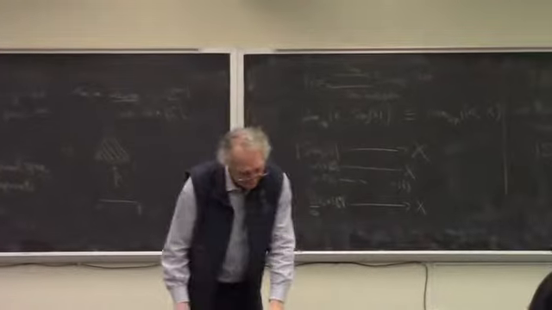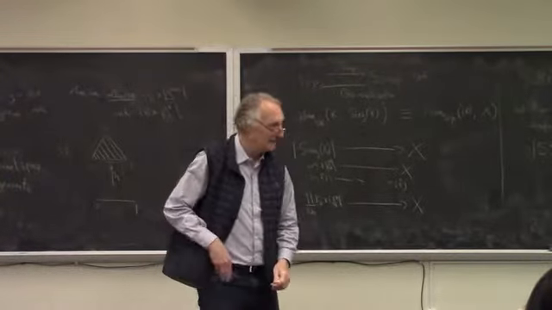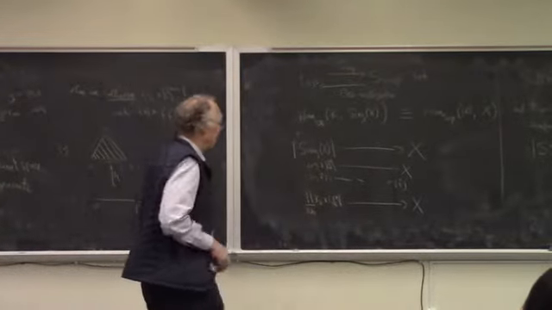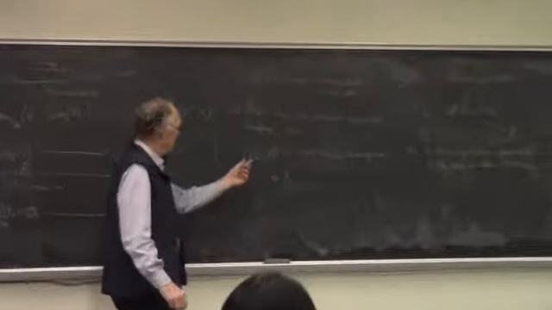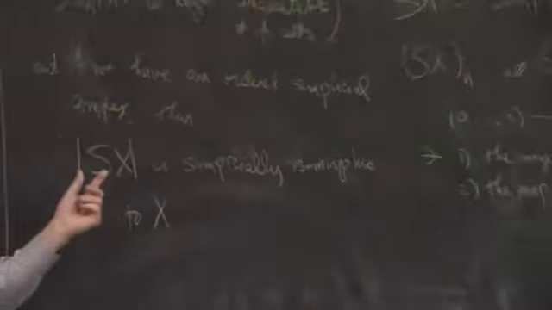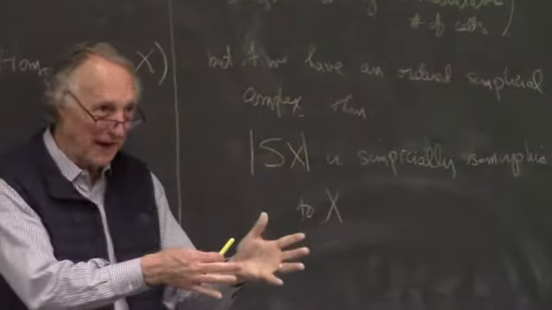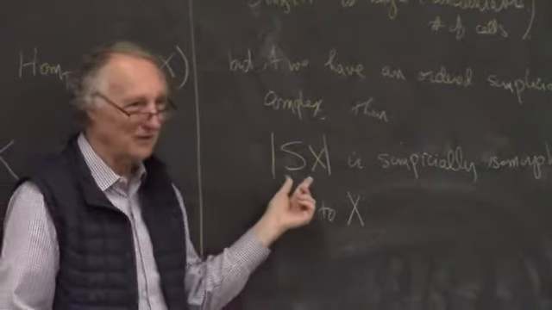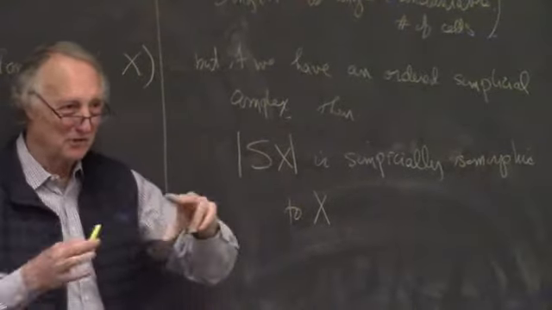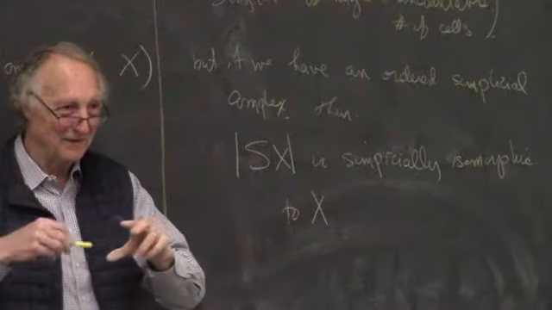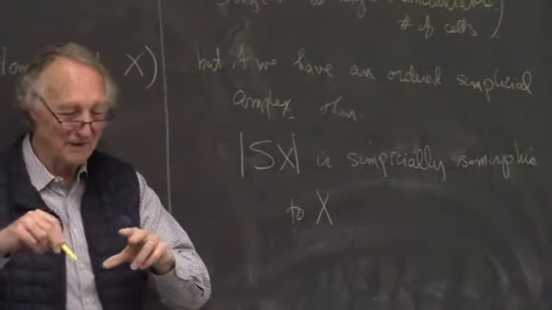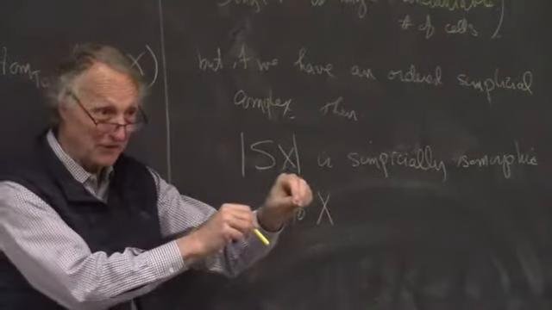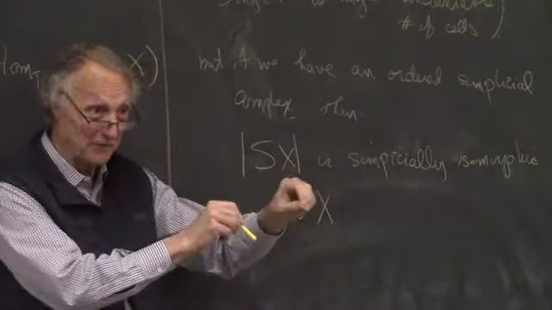What's the relation between SX and Sing of X? This is a version of it. Sing is all continuous maps, and these are, if you will, simplicial maps. The 0 to n has to go to the vertices of a simplex in an order-preserving fashion.